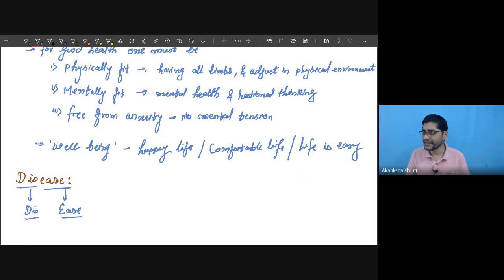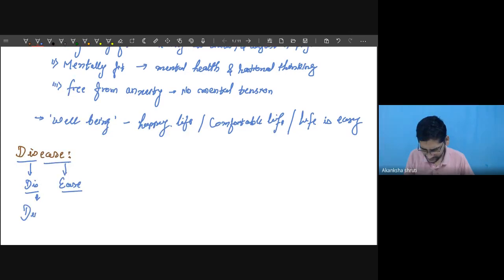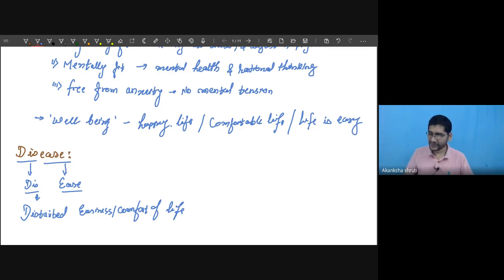So when your easiness is disturbed, or the easiness of life is disturbed, or the comfort of your life is disturbed, then it is called disease. So it is disturbed easiness or comfort of life. Get it?